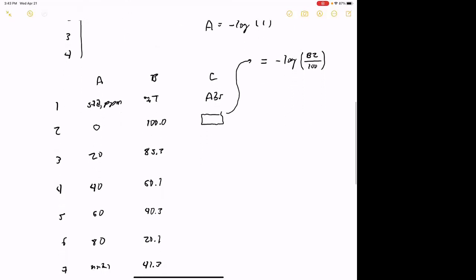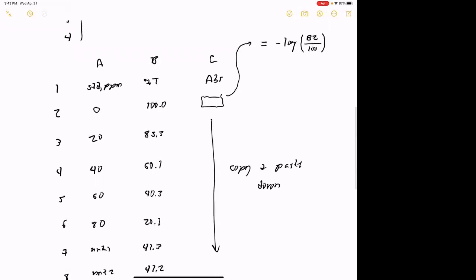Okay, so once you've got it, what are you going to do? Then you're just going to copy down. So you're going to copy that cell, C2, and then paste down. Now, the nice thing about that is that it takes every subsequent value of percent transmittance.